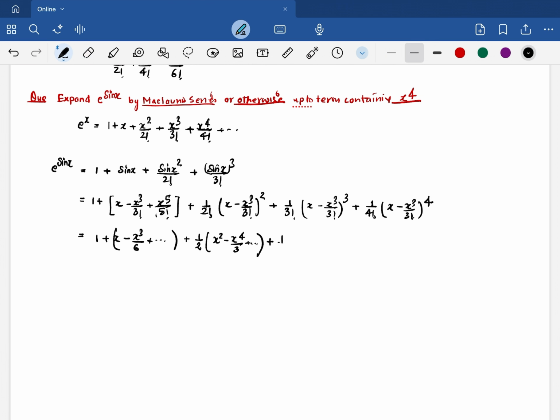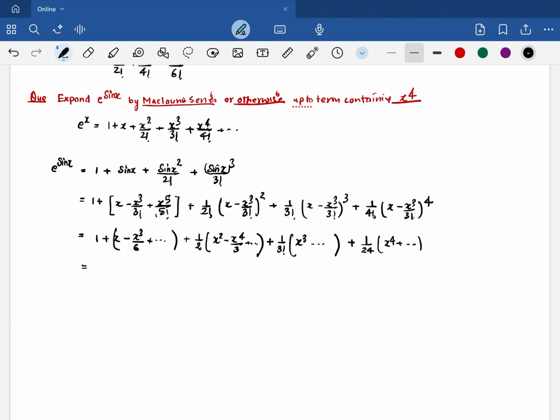So again in the same fashion, 1 upon 3 factorial, write the a minus b cube. So a minus b cube here is x cube. Next term is not required. 1 upon 24, and this is x to the power 4, and so on.